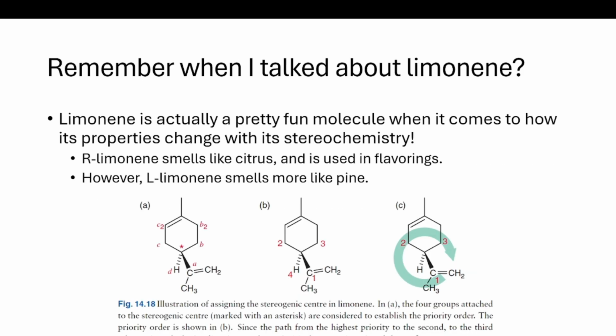Another example where we can label enantiomers as R or S is limonene. I talked about this in the sneak peek for chapter 13. Limonene is a fun molecule, and its properties change based on stereochemistry. R-limonene smells like citrus, so in artificial flavorings we use it to make things taste like oranges or general citrus.